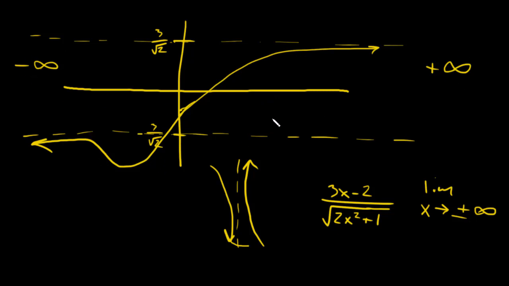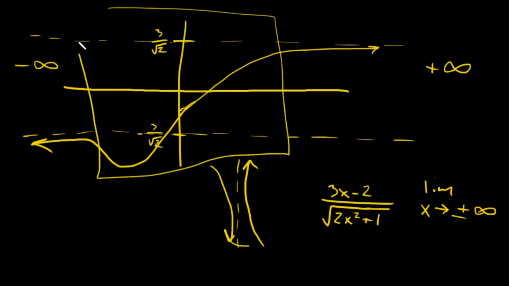This behavior right here in this chunk is nowhere near infinity, so we don't care about it. But at infinities, it settles down, and it never crosses this asymptote coming from the bottom, and same thing for this one. When it heads to negative infinity, it is not going to ever cross this value coming up from the bottom.